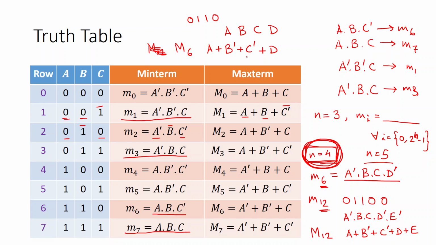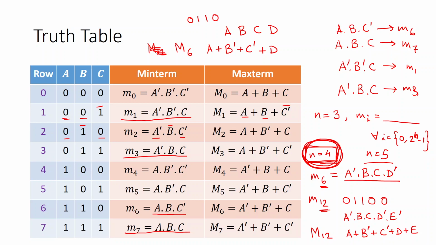Okay, so in this way you can find out any min term or any max term. You only need to know the additional information: how many input variables, how many boolean variables are there in the function. That completely gives you the information about the min term and max term expressions.